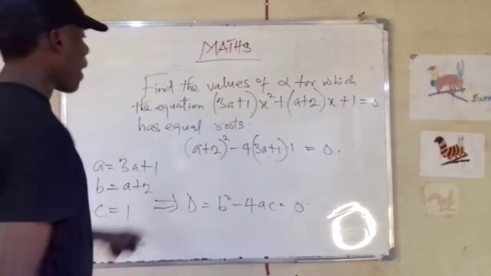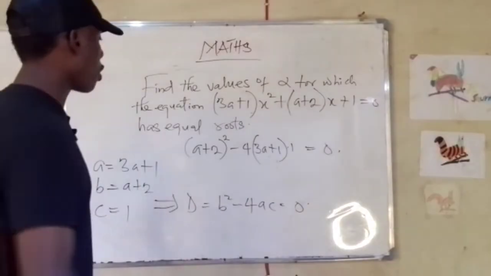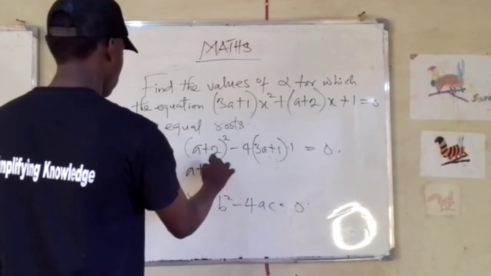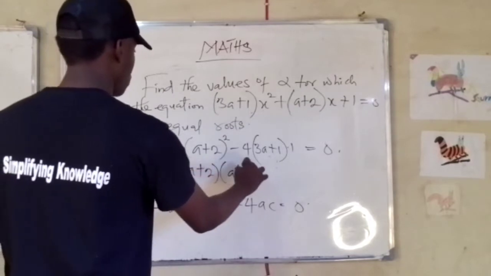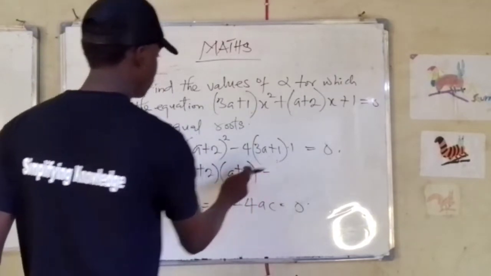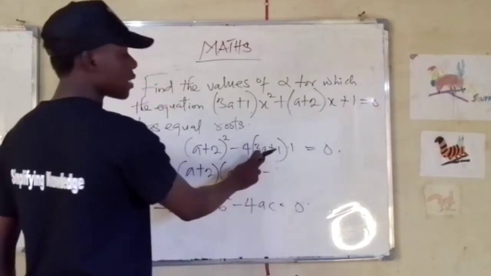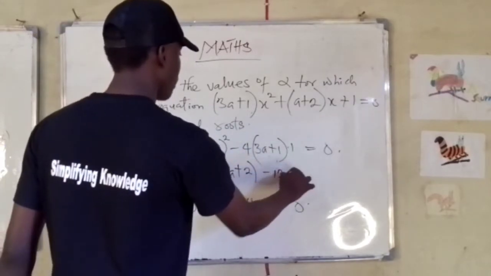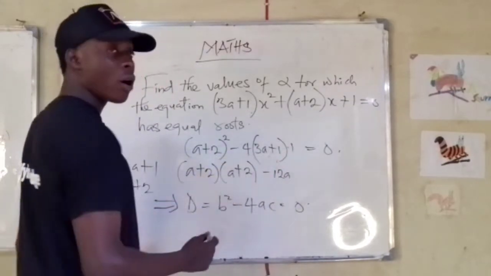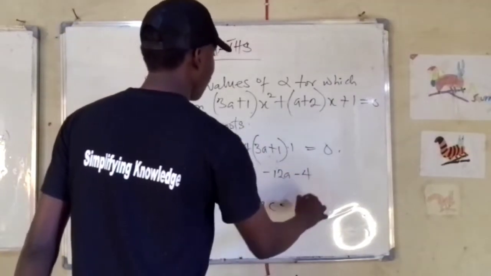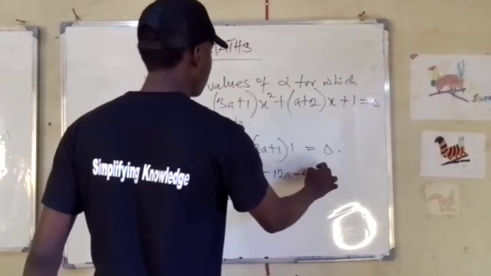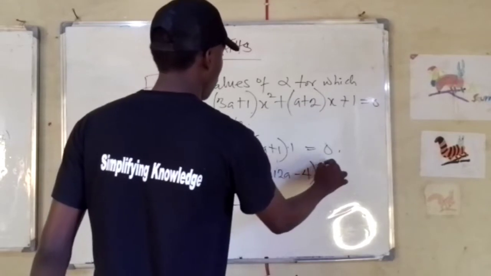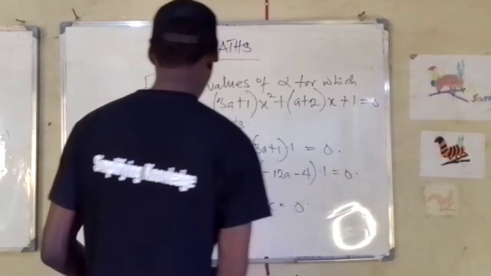From here, let me expand a plus 2 all squared. So this is a plus 2 into a plus 2, minus 4 times 3a is 12a, minus 4 times 1 is minus 4, all multiplied by 1 equals 0.